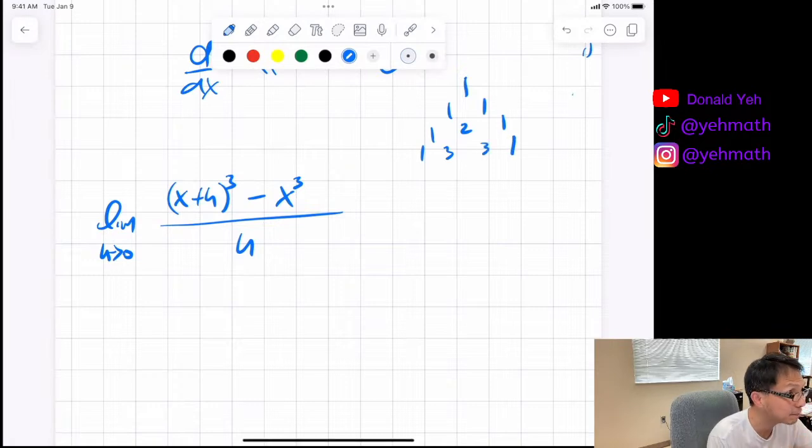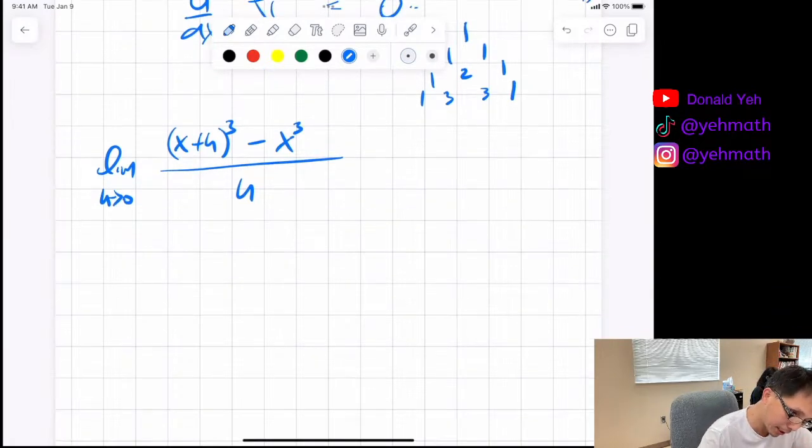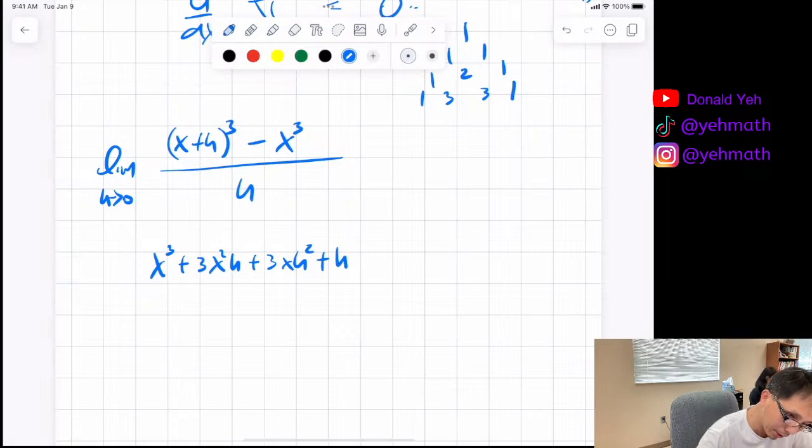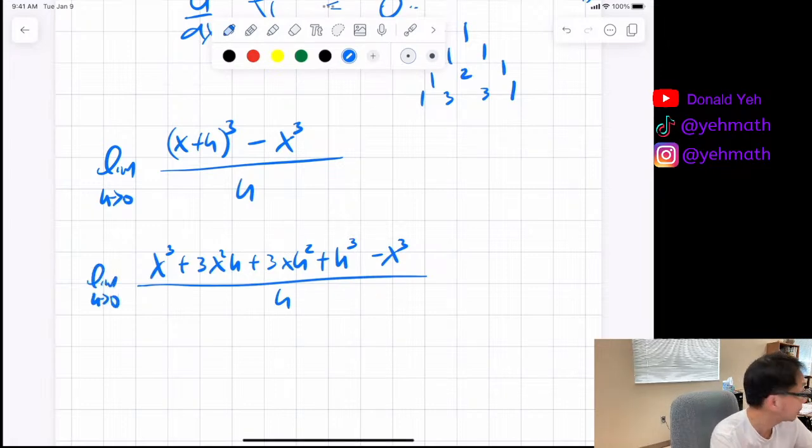You've seen this? That's going to be x cubed plus 3x squared h plus 3xh squared plus h to the third. Have you seen that before? This is called binomial expansion.